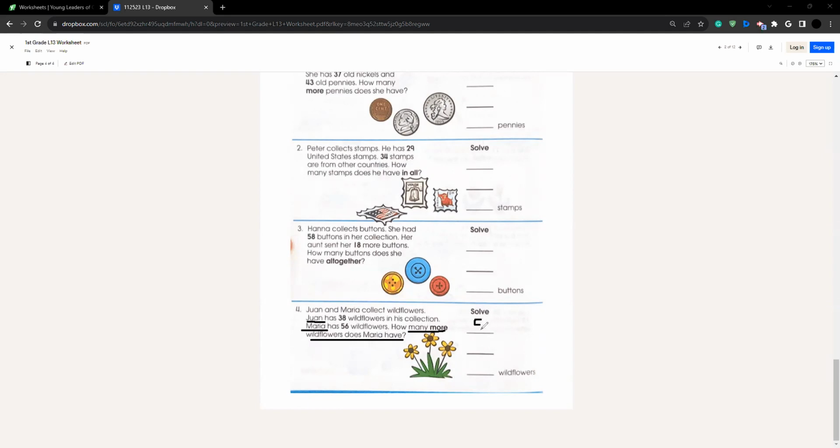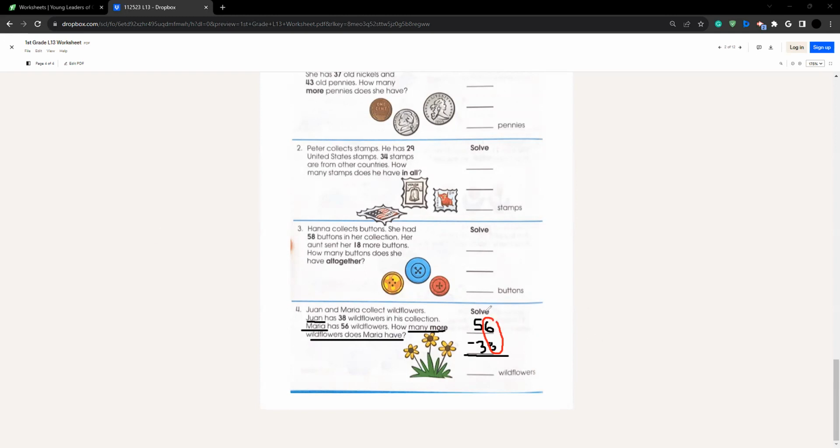So we need to subtract 38 from 56 because we want to know how many more Maria has than Juan. So the ones place again, but remember we can't subtract if our bottom is greater than our top.